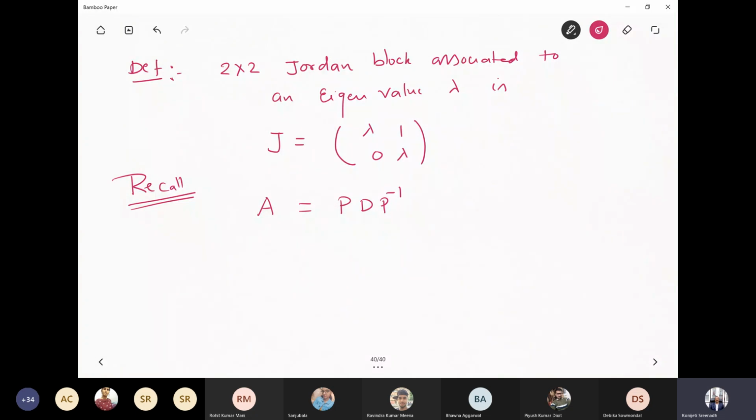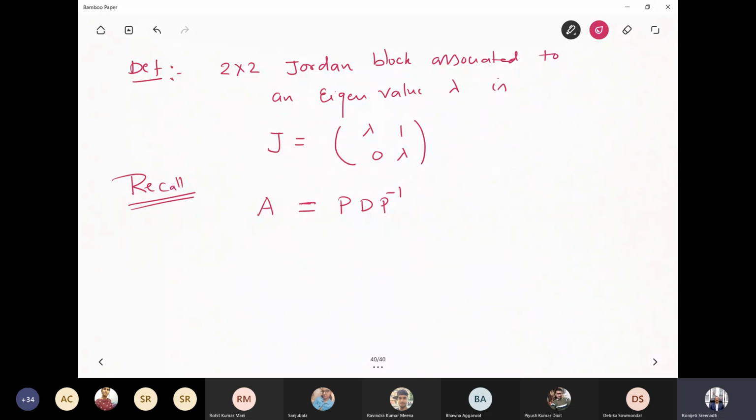So if A is a normal matrix, then it is diagonalizable. That means you collect all its eigenvectors and put them in the columns of P. And if you want a unitary matrix, then you orthogonalize them using the Gram-Schmidt orthogonalization process. Then you get this P to be a unitary matrix. So this is also known as unitary diagonalization. Right. So if A is a diagonalizable matrix, then you have P D P inverse.